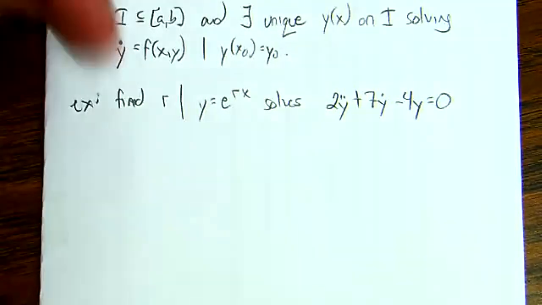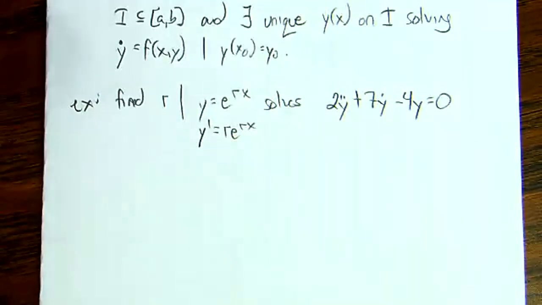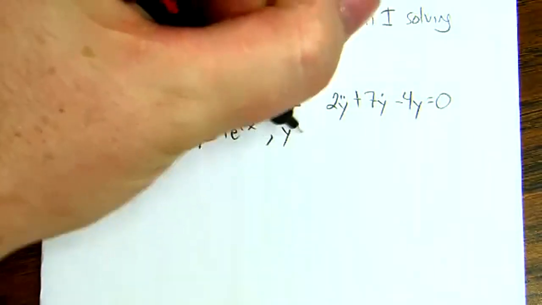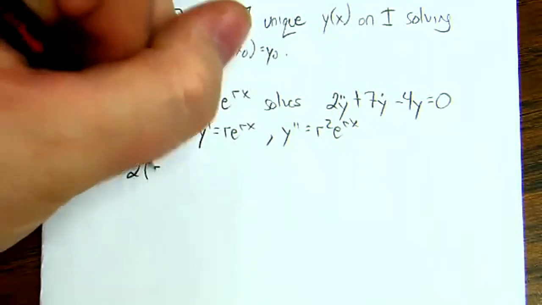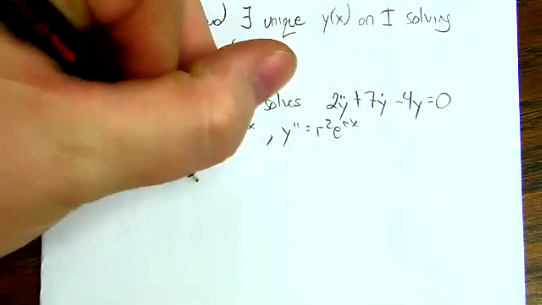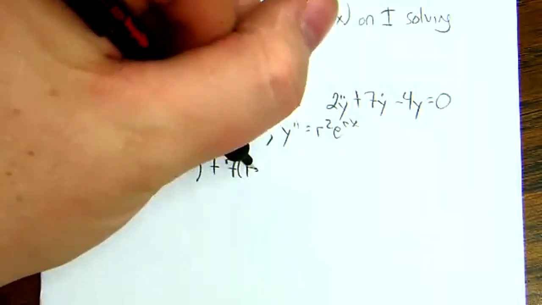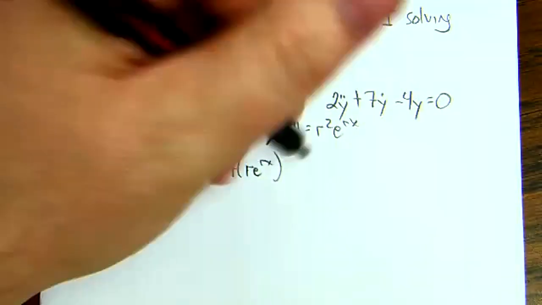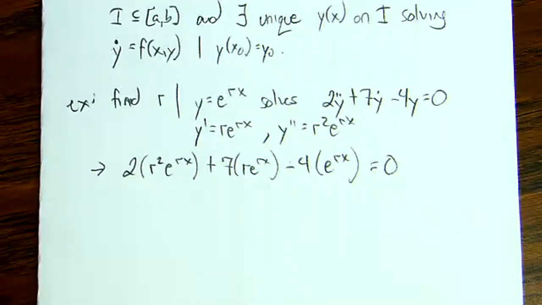So if y is e to the rx, then y prime is r e to the rx, and y double prime is r squared e to the rx. Plugging this into the differential equation gives us 2 times r squared e to the rx plus 7 times r e to the rx minus 4 times e to the rx, and that needs to be equal to 0.